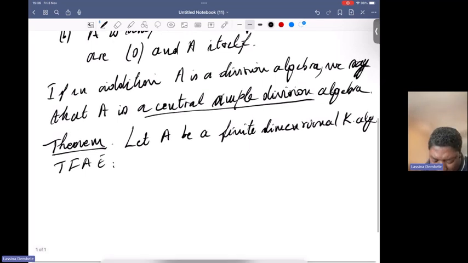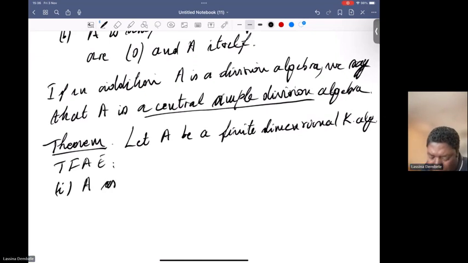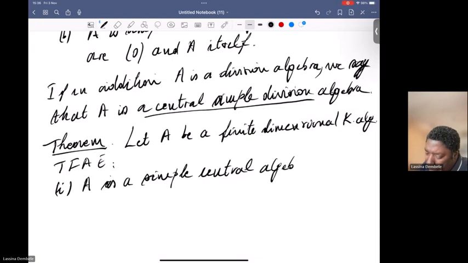The first one is that A is a central simple K algebra.